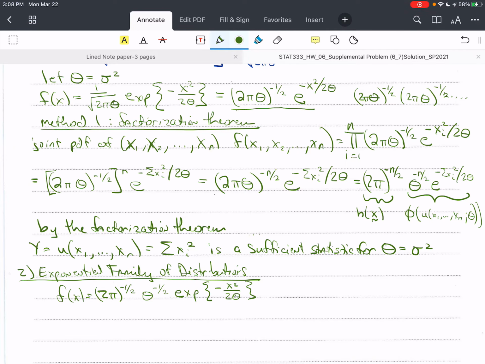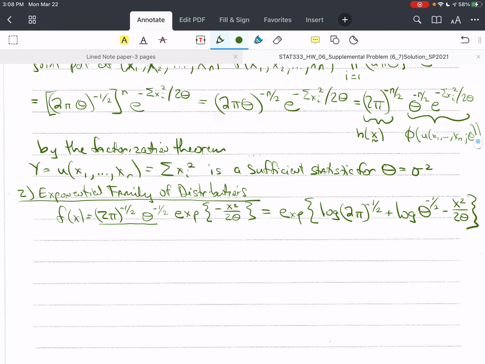Now, I'm going to write this in exponent form. So I'm going to take e to the log of this stuff. And so this is going to be exp, and the first term is going to be log of (2 pi) to the negative 1/2. And then plus log of theta to the negative 1/2, and then minus x squared over 2 theta. Okay.